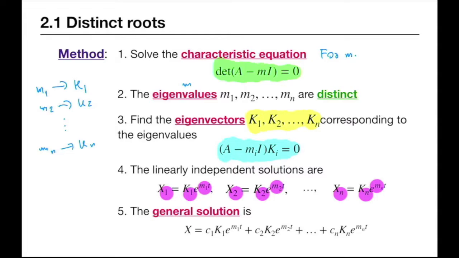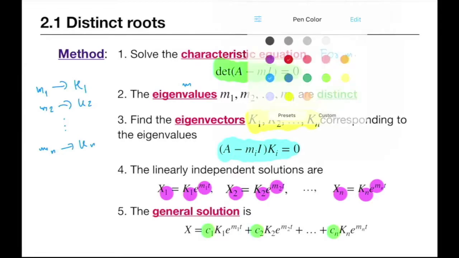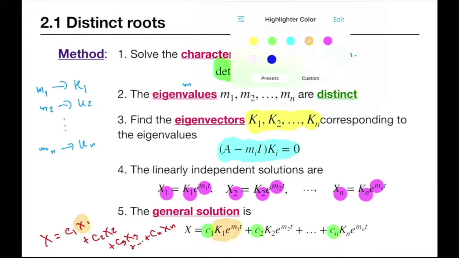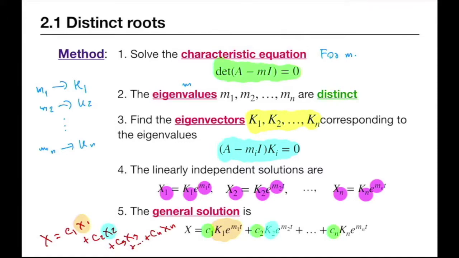And the general solution is just the combination of each solution. So x is c1 x1 plus c2 x2 plus c3 x3 plus and so on plus cn xn. But x1 is this one, and x2 is this one, and so on.